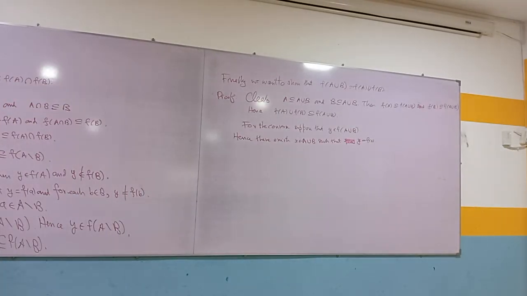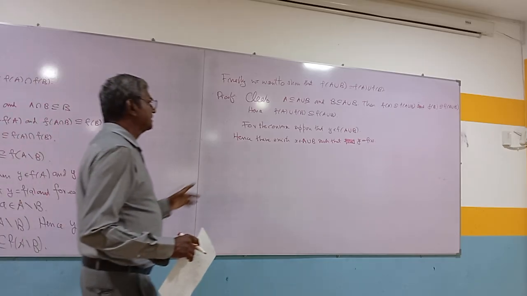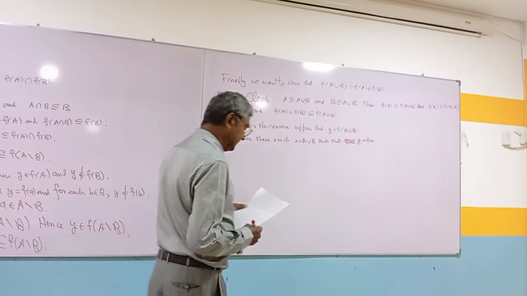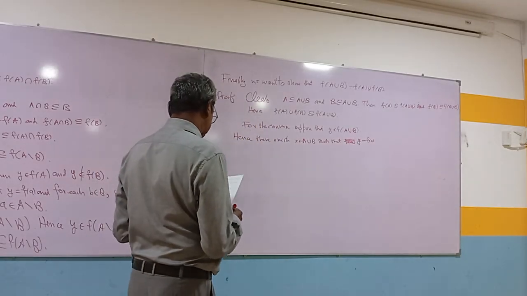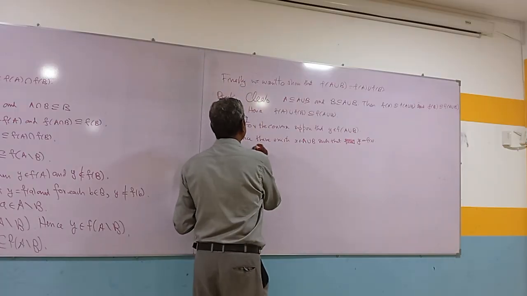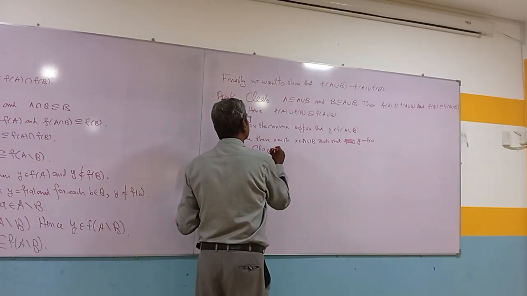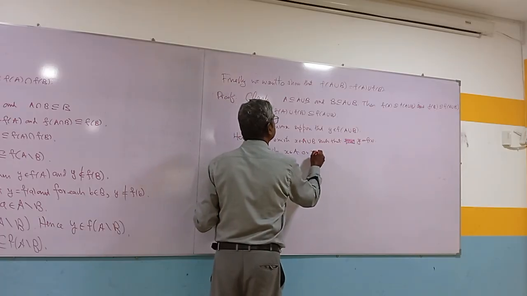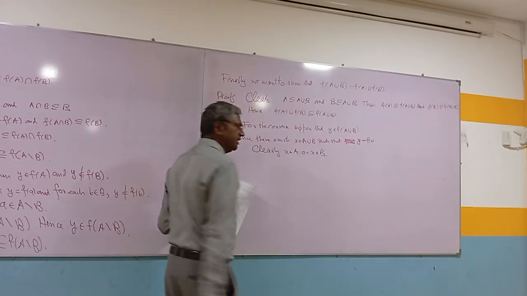Right? If y belongs to f(A union B), y must be f of something in the set. Clearly x belongs to A or x belongs to B, because x belongs to A union B.